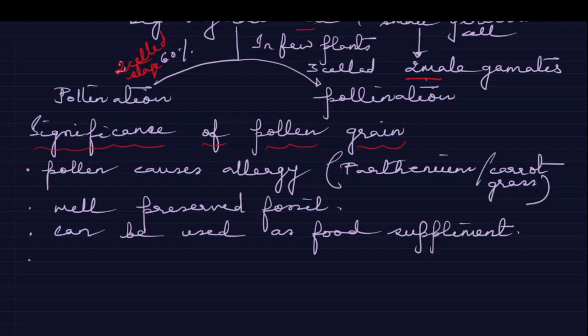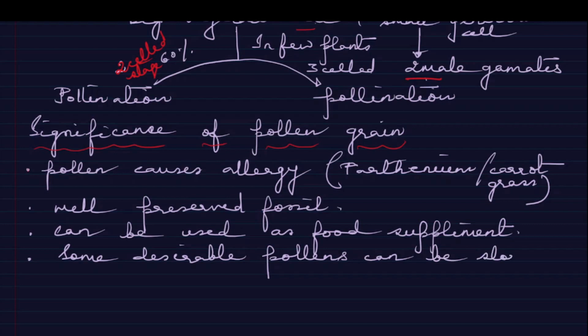Some desirable pollen. Desirable pollen means from which you can get a good plant after fertilization. Desirable pollens can be stored, like a seed bank, like we store sperm also. Stored where?